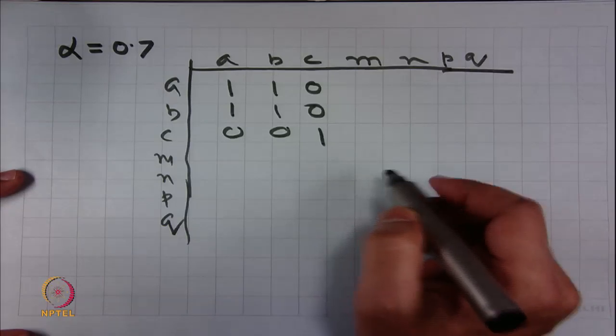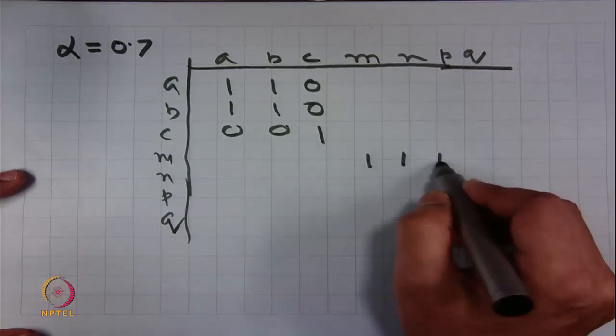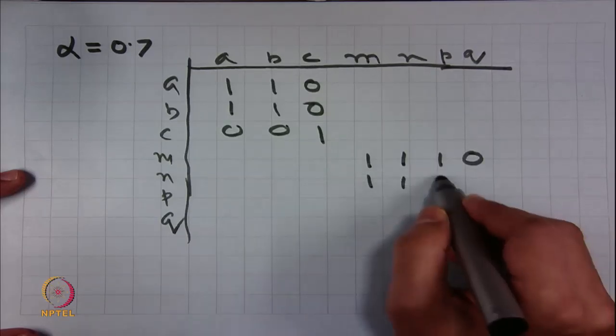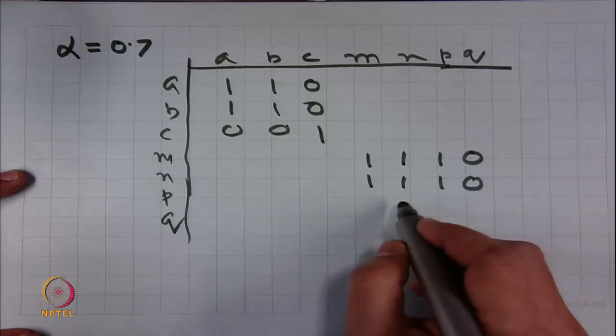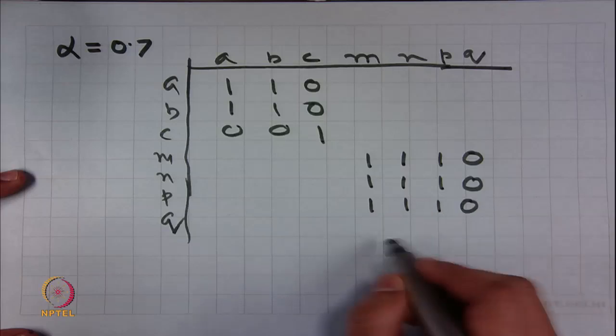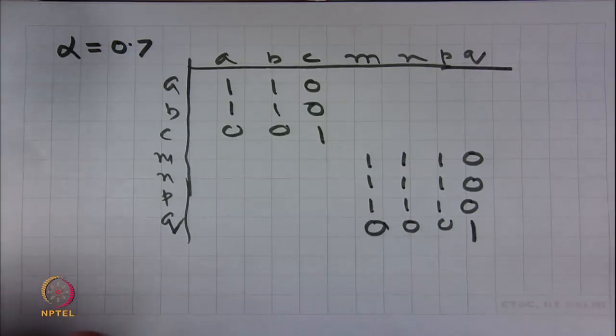And here we get 1 1 1 0, 1 1 1 0, 1 1 1 0 and 0 0 0 1.